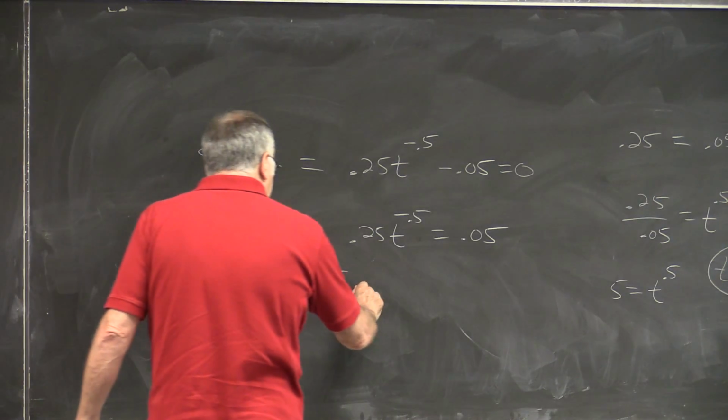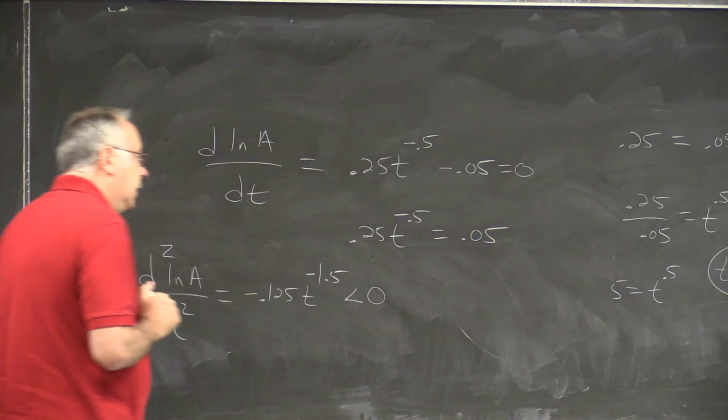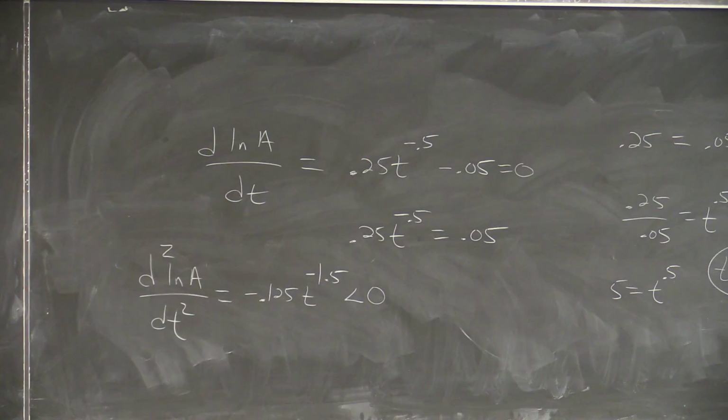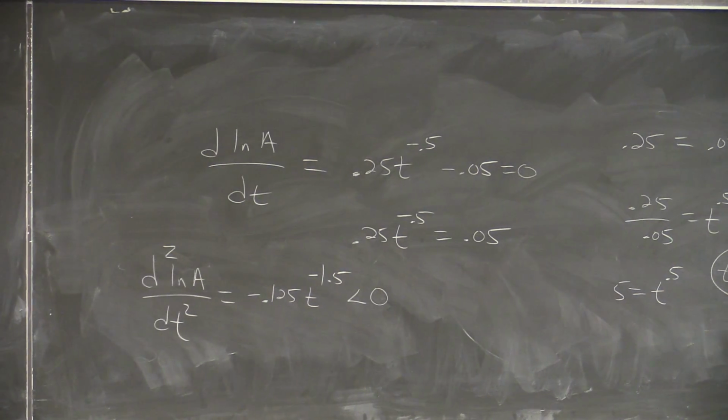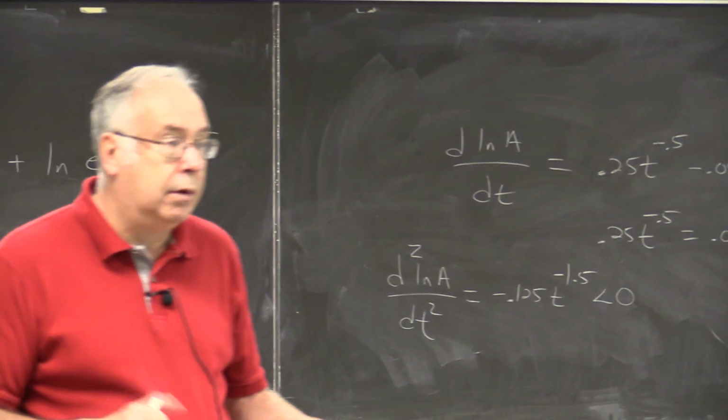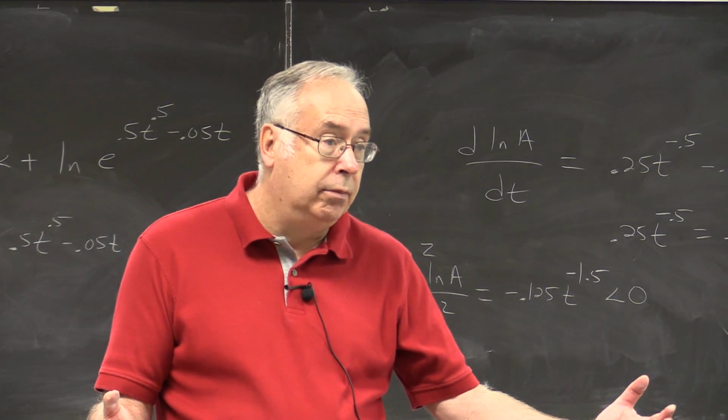This is always negative. So this guarantees that at t equals 25, you maximize the present value of the trees. And this is a slightly easier way of doing it than the way we did before. But you get the same answer either way.